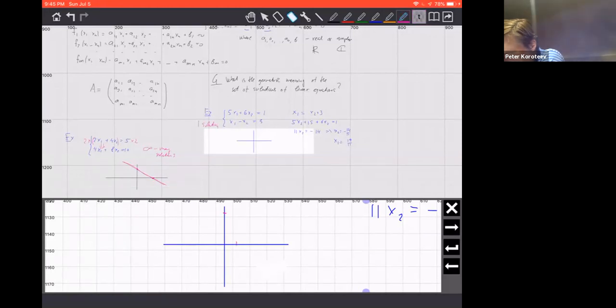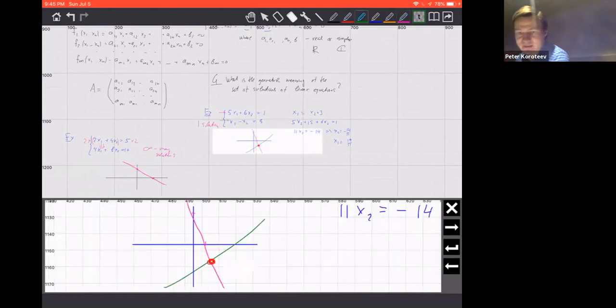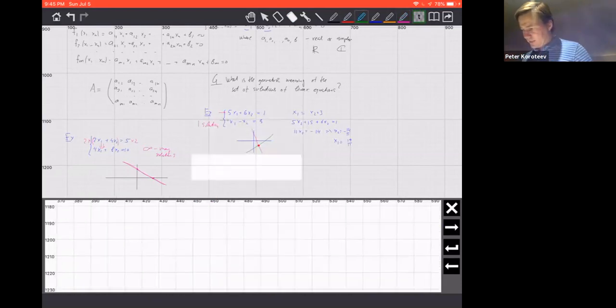I'm just going to redraw it. It's the line that goes like that. That's the first equation. The second equation is x2 equals x1 minus 3, so it goes like that. The purple is the first, the green is the second. These two lines intersect at a point.